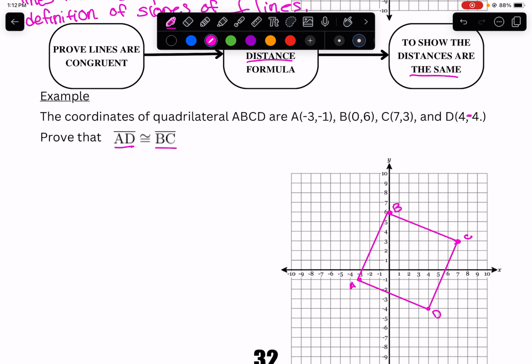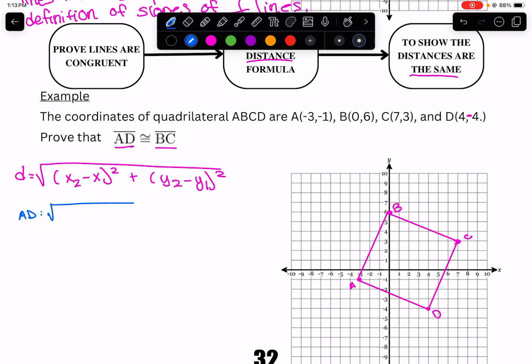So now, if I want to prove that AD is congruent to BC, we're going to be using the distance formula, which tells me the square root of x2 minus x1 squared plus y2 minus y1 squared. So we can start with AD. So we're doing our x's first.